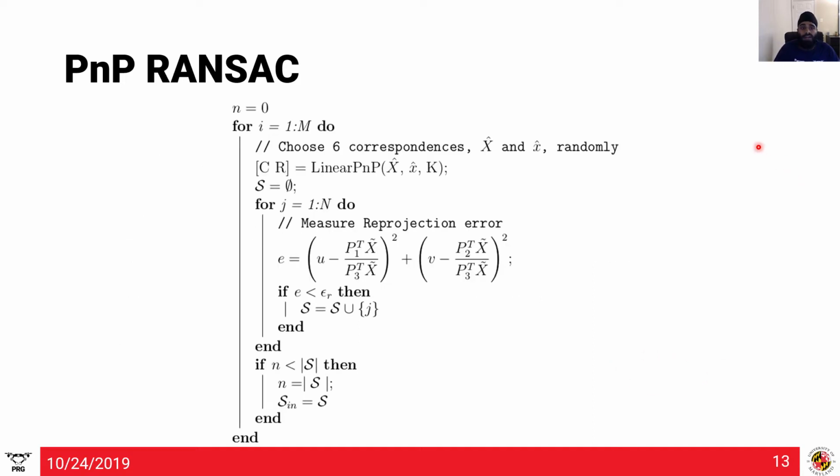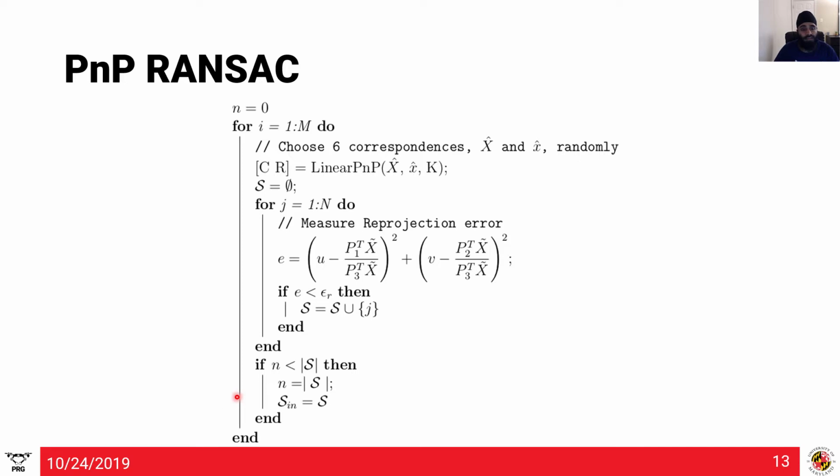So let's see how the algorithm works. In linear PnP, you are solving, given my capital X, small x, and K, with the correspondences between capital X and small x, you get the position and rotation of the camera. Now once you have that, you measure the reprojection error, and this is the selection criterion for whether you want these camera poses or not.